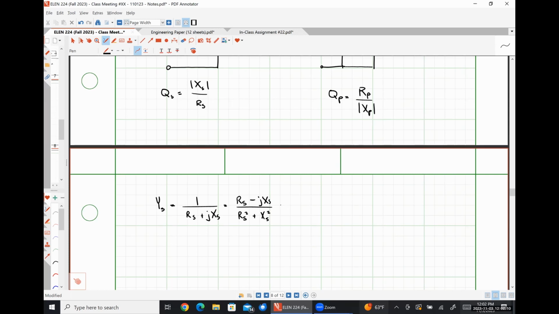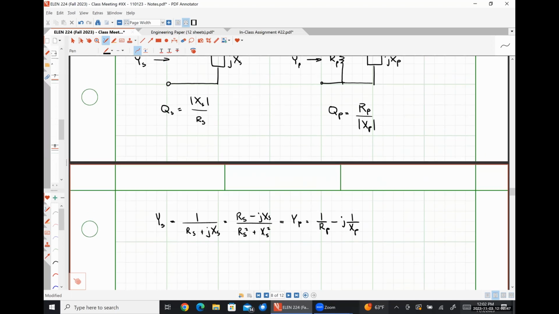And because we need YS to be equivalent to Y sub P, Y sub P is just going to be 1 over RP minus J one over XP. Double check to make sure that minus sign is correct here.